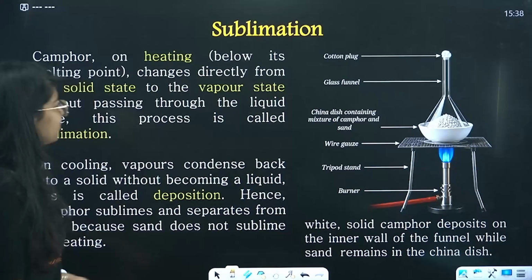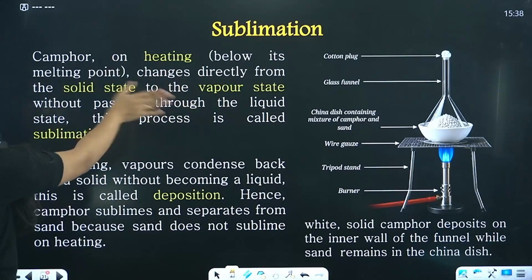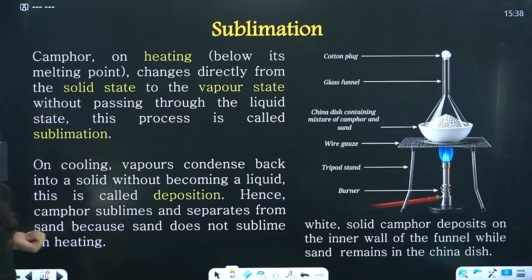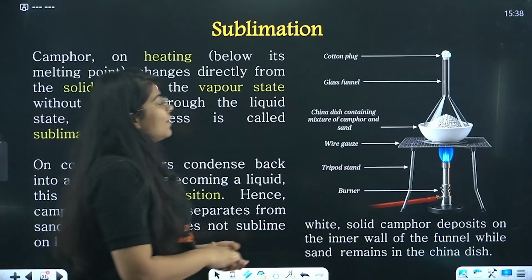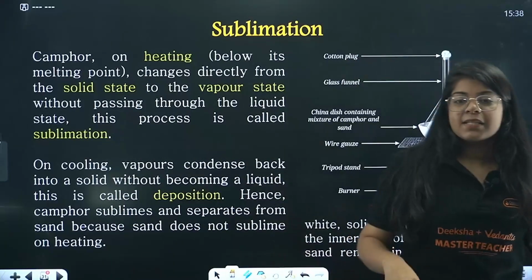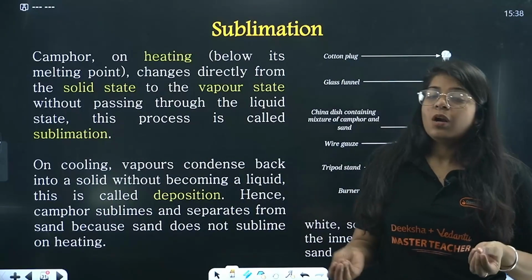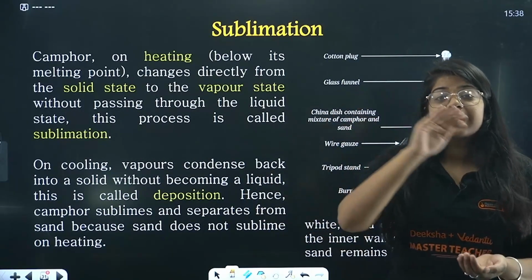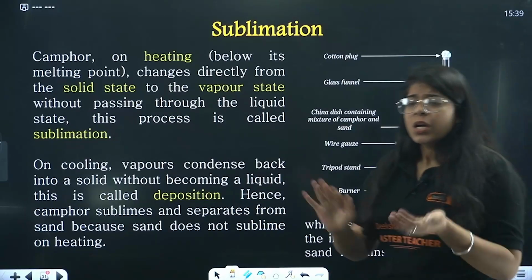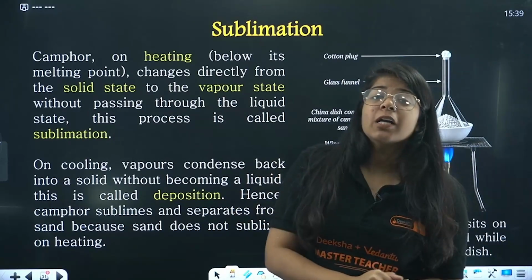Easy, very easy. Camphor on heating changes directly from solid state to vapor state without passing through the liquid state, and this is called sublimation. Now this camphor that is deposited on the wall of the flask condenses back. Once you stop the heating, it condenses back directly into the solid.